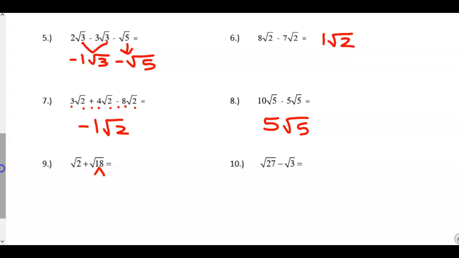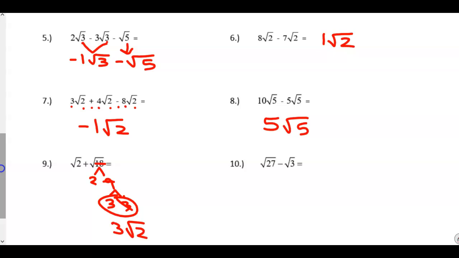Let's break down that 18. What times what? 2 times 9. 9 is what? 3 times 3. Now, do I have a pair? Pair of 3. How do I write this? Rewrite this, actually. The pair goes out. 3 square root of 2.